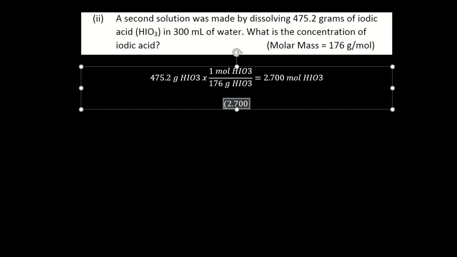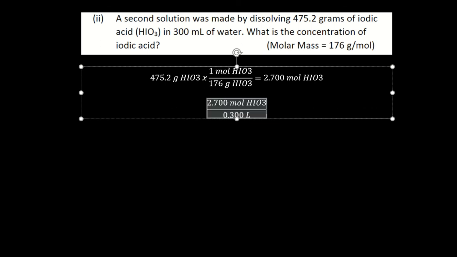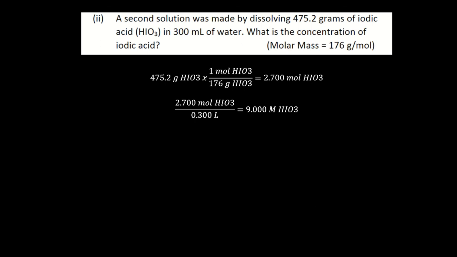So 2.700 moles of HIO3 per 0.300 liters instead of 300 milliliters. That would come out to 9.000 molar of HIO3. So 9 molar, or 9 moles per liter, of iodic acid. And that's the two calculations right there.